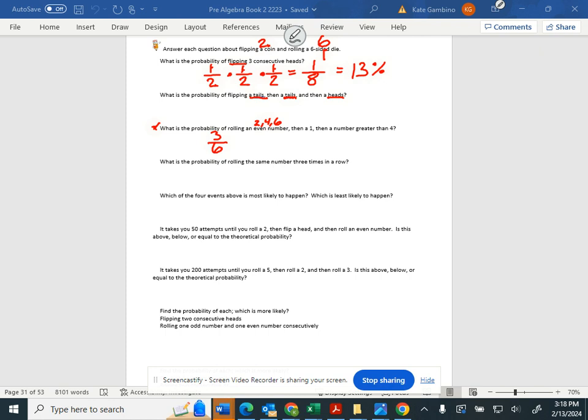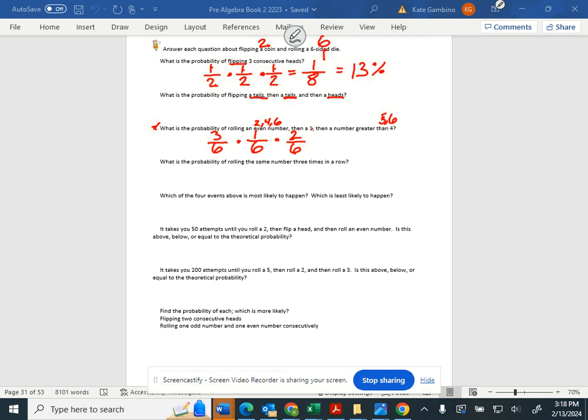Our second one is rolling just a 1. There's only 1 on our dice out of 6. And our last one is a number greater than 4, that would be 5 or 6, so 2 successful outcomes out of the 6 sides.